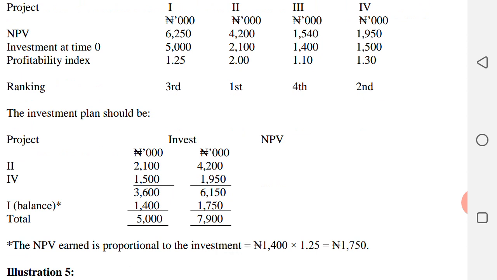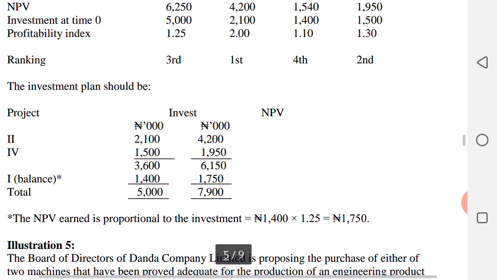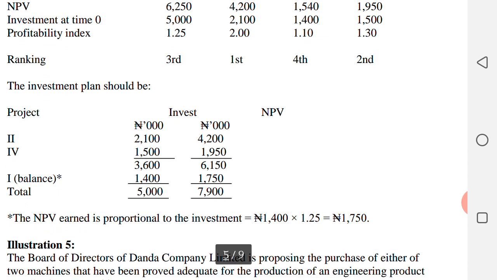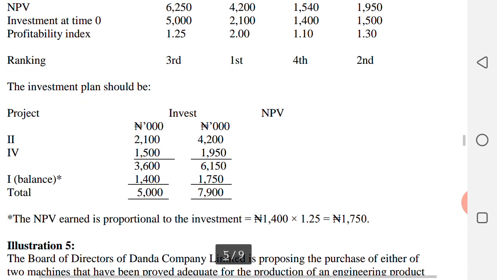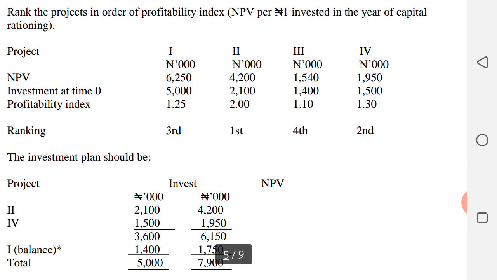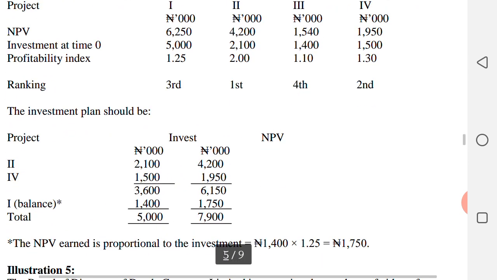Added to the project 2 amount, 2,100,000 plus 1,500,000, it gives us 3,600,000. You still have a balance of 1,400,000. Then which project is next? It is project 1. Then we invest in part of project 1.